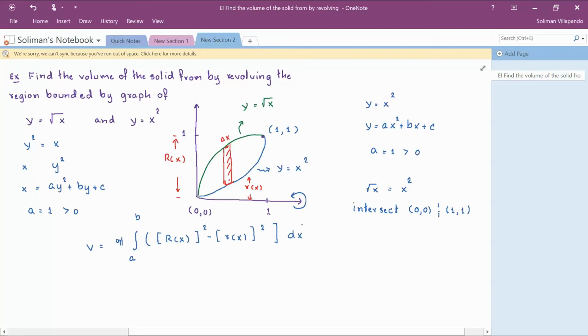That's the formula. So basically you take out the hole. So let's continue our formula.